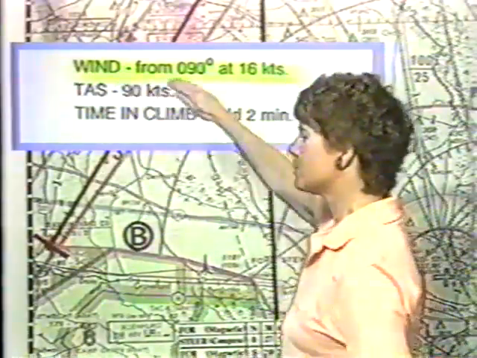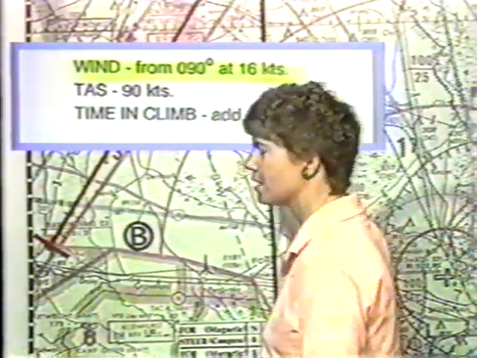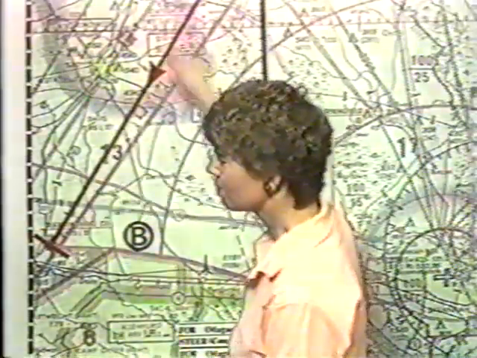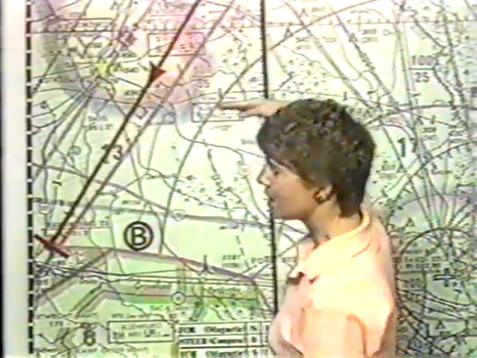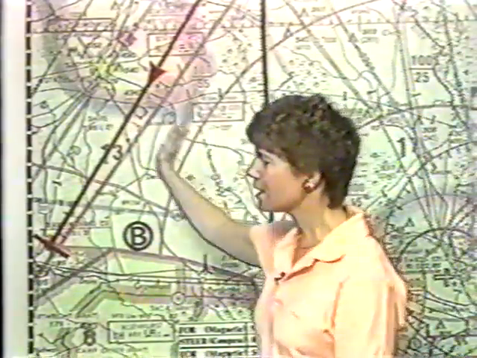Alrighty, the first thing we need to know is what our wind is going to be, and our wind is from 090 degrees, 90 degrees at 16 knots. Okay, 90 degrees is basically from the east. We're flying basically a southwesterly course. If we have an east wind, it's going to come in and it's going to be pushing at us like this.